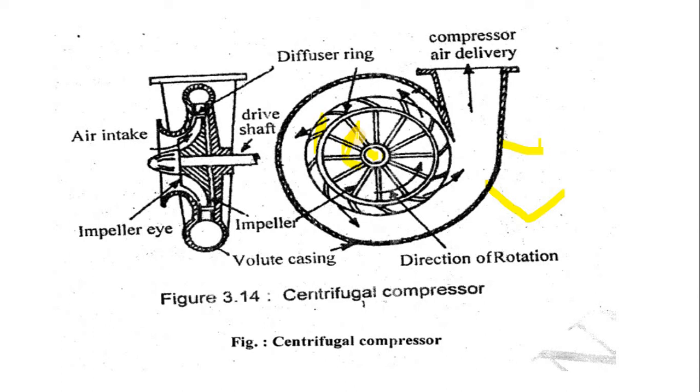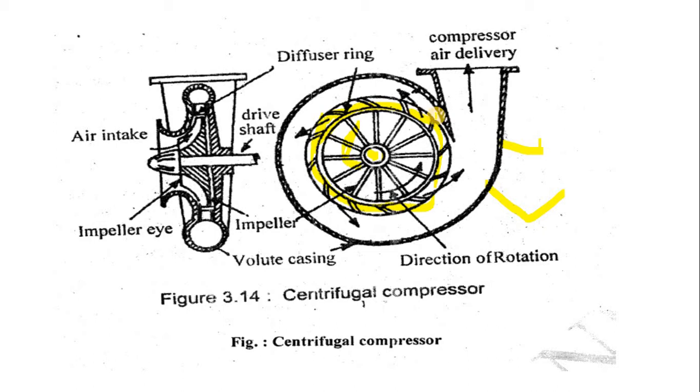Further, this high velocity, high pressure air enters the diffuser, which is a diffuser ring. Keep in mind that it is always in a static condition. When the air passes through the diffuser section, its velocity reduces and the pressure increases further.